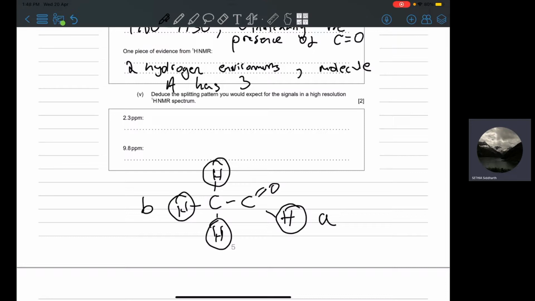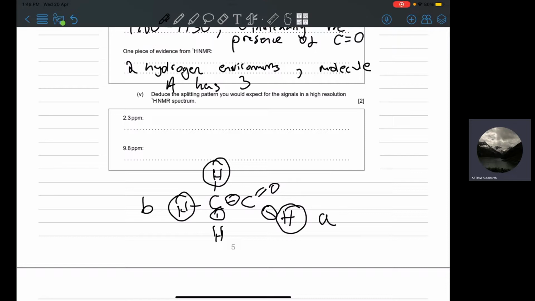So basically, this hydrogen has 1, 2, 3 bonds between itself and the hydrogen in the other environment. That means that they are neighbors.